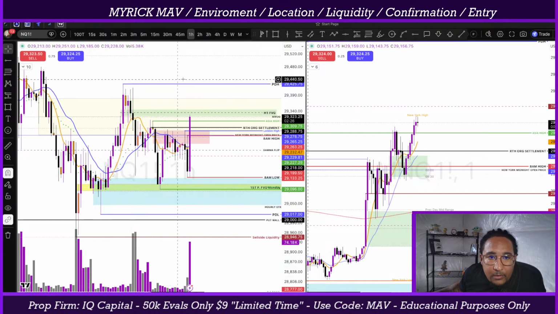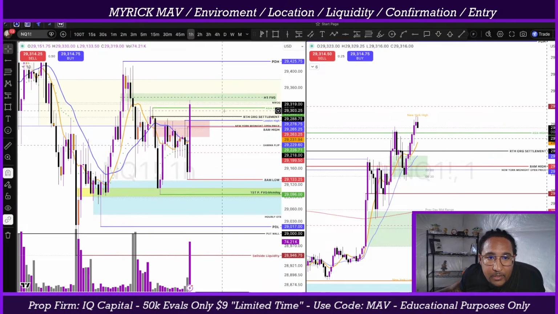So we're tapping, and it looks like we're getting some resistance here at this 1 hour fair value gap. Got about 2 minutes left.